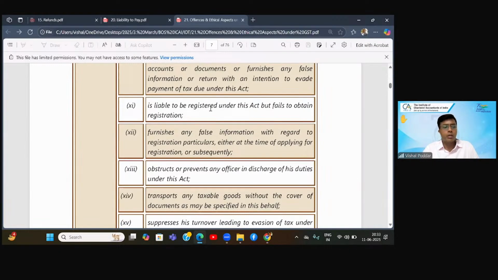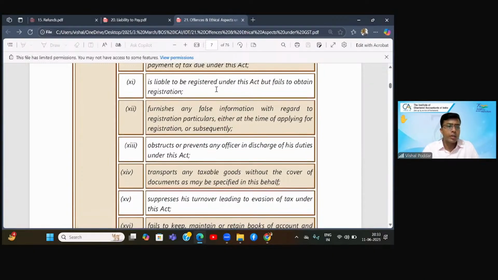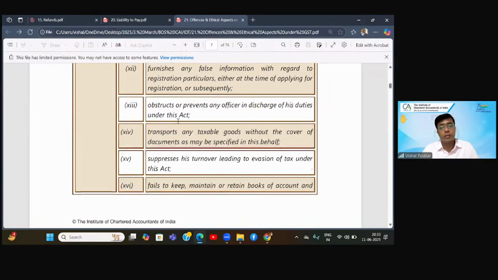Next, is liable to be registered under this Act but fails to register, or furnishes any false information with regard to registration particulars. So first, either you did not take registration though you were supposed to get registered, or you have given false information when you are applying for registration. So in short, you have taken a false registration by giving false information.